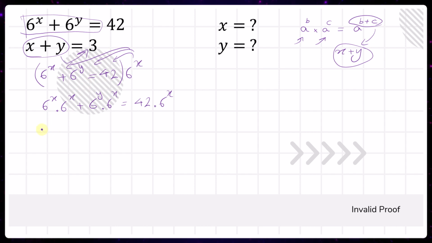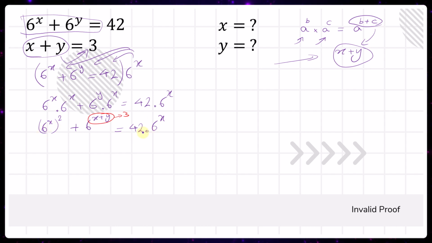Let's simplify it again. 6 to the power of x to the power of 2, of course, plus, now we can use this rule that we have here and we get 6 to the power of x plus y equals 42 multiplied by 6 to the power of x. All right, now we know this x plus y is 3, so we can replace this with the number 3.